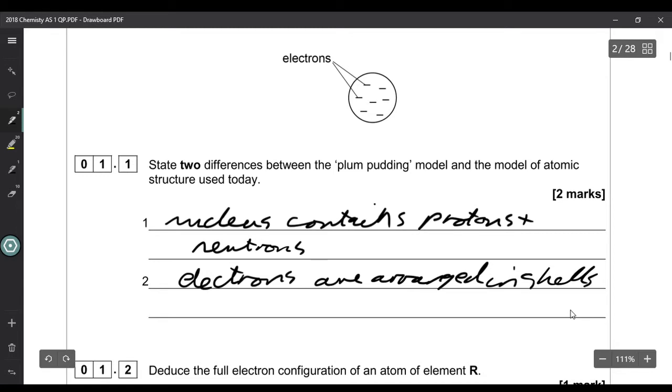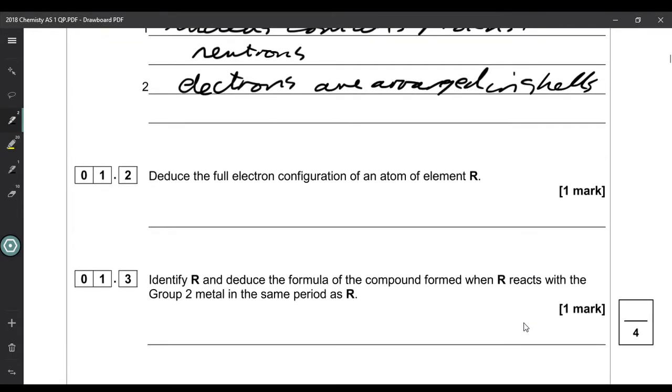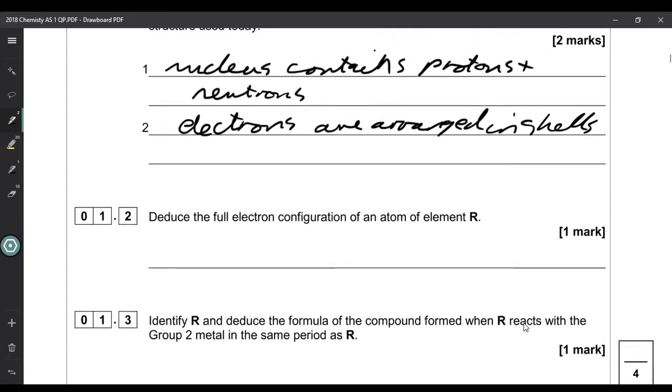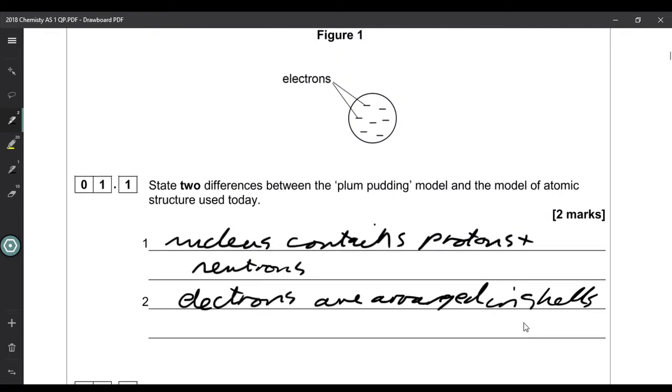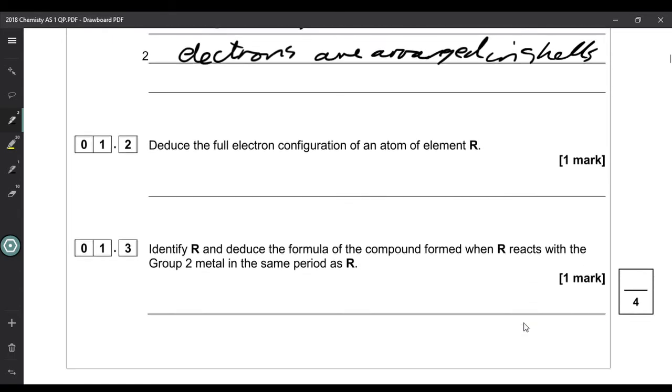Okay. So next part of the question asks us to deduce the full electron configuration of the atom of element R. So if we go back up, we can see that there's 7 electrons. So we need to deduce the configuration for that.